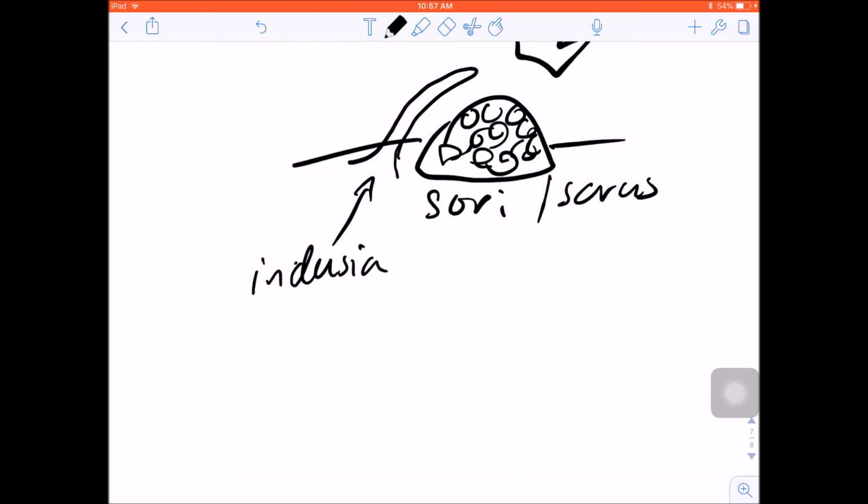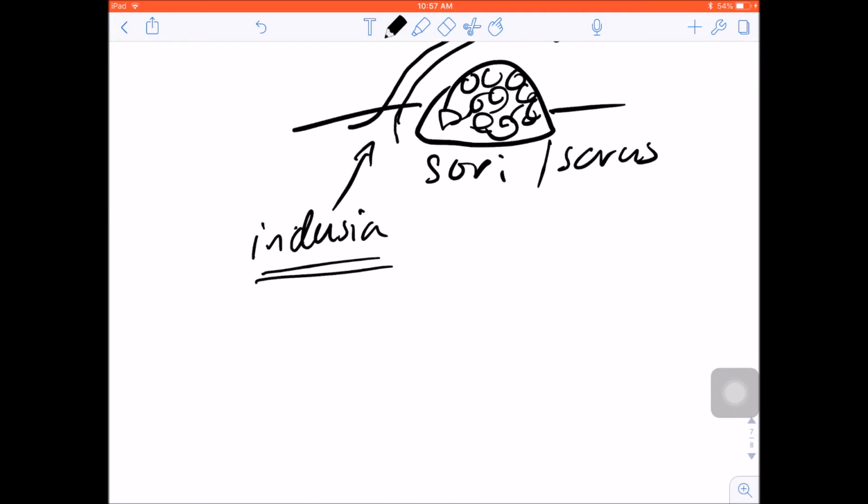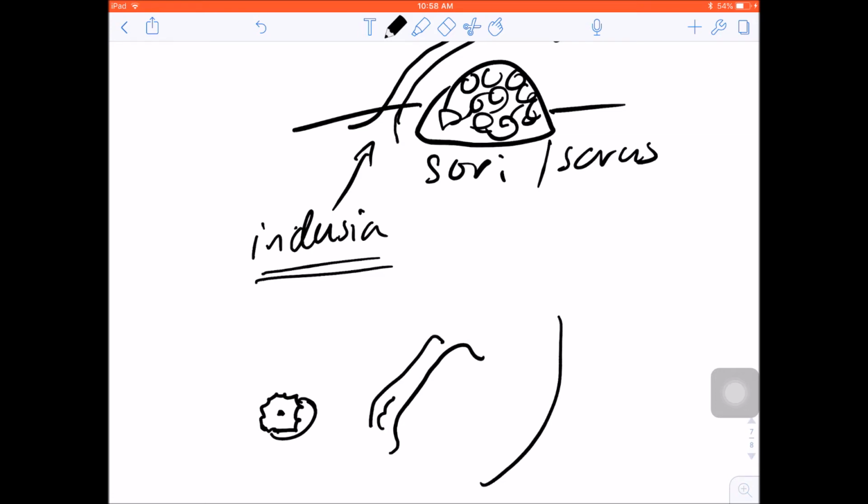And there's a pretty wide variation of different indusial types that you looked at in lab. You have kind of this dried covering like this, or you can have these lips that are in the middle of the leaf that just bracket the sori.